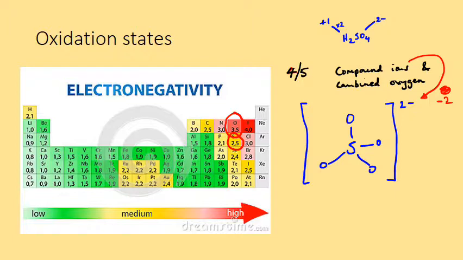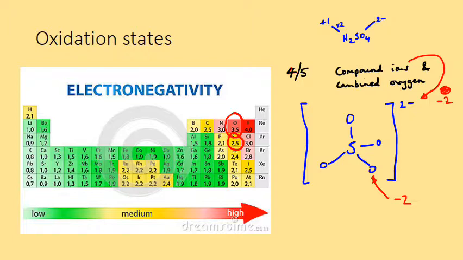So let's start with oxygen. Our oxygen is in group 6. It's very electronegative, so it's going to grab 2 electrons to give it a 2- charge. So the oxidation state of oxygen is -2.